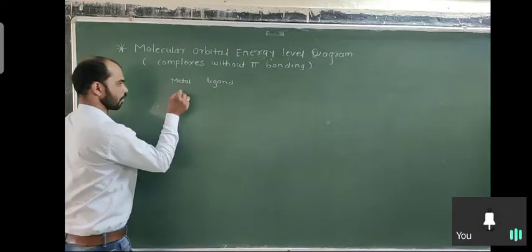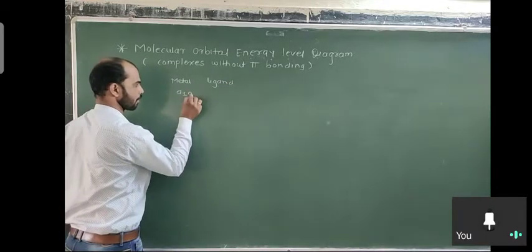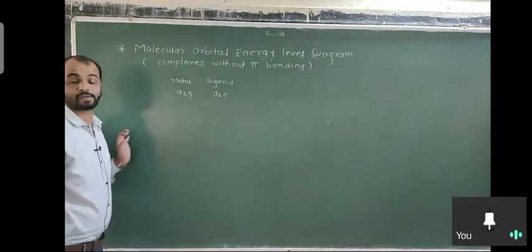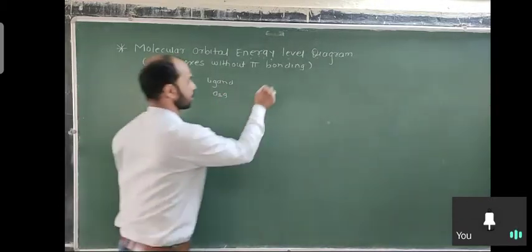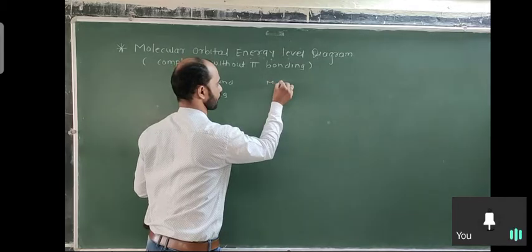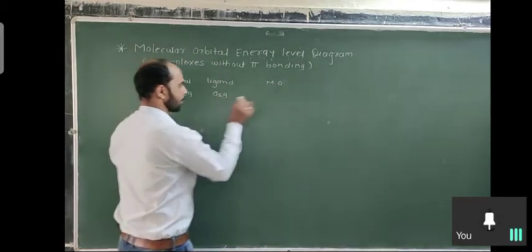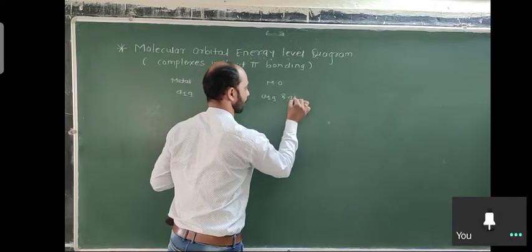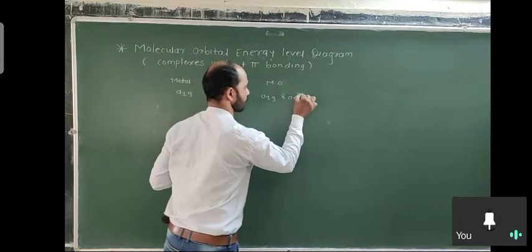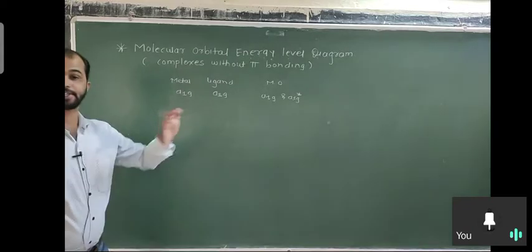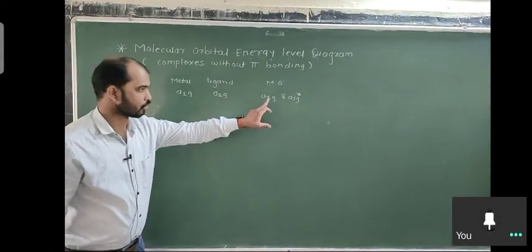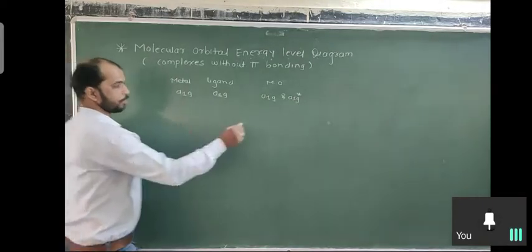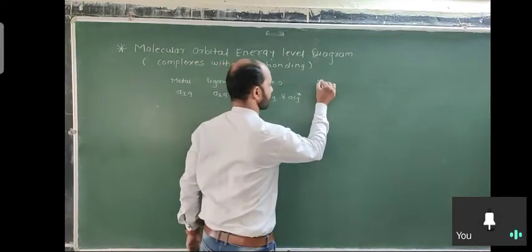Metal A1g combines with ligand A1g, and molecular orbitals are formed. These two combine to form A1g and A1g star. Here is the bonding and here is the anti-bonding. So how many orbitals are formed? Number of orbitals.